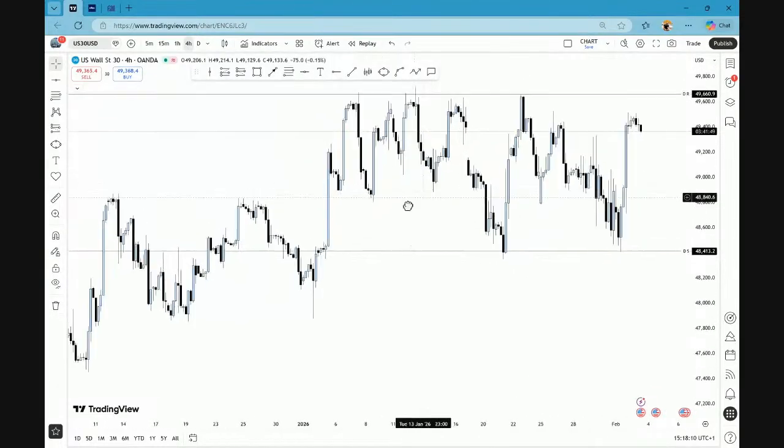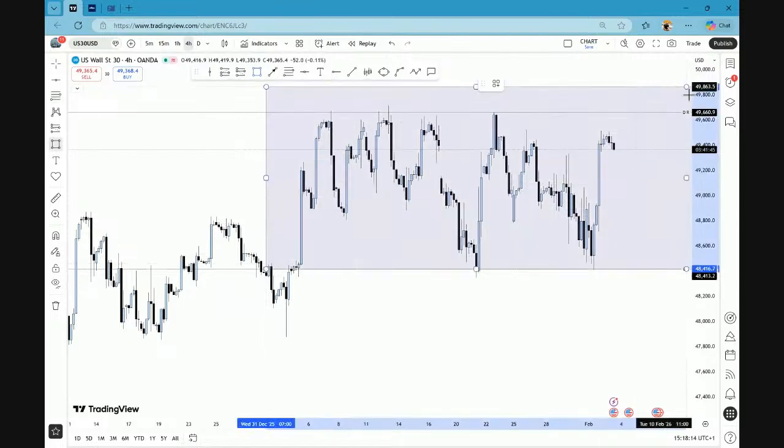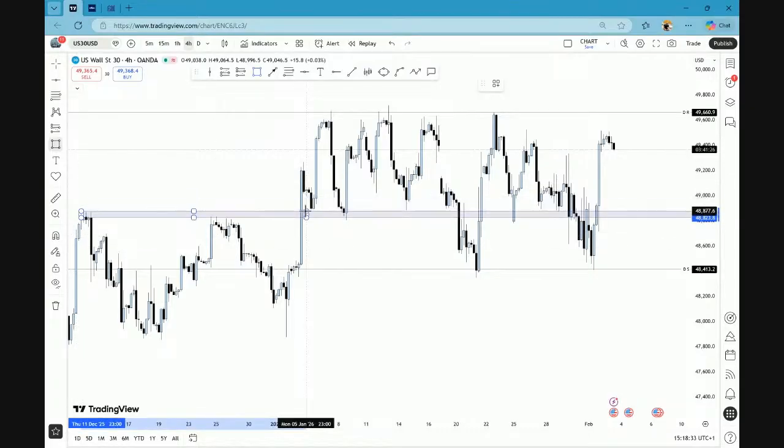Right now on the 4 hour time frame, we are left with a sideways move. Now, if we are executing trade on a bigger time frame, this would have been a very difficult situation for us to execute trade, right? But right now, since we are executing trade on the smaller time frame, we don't really care if it's consolidating or not, right?